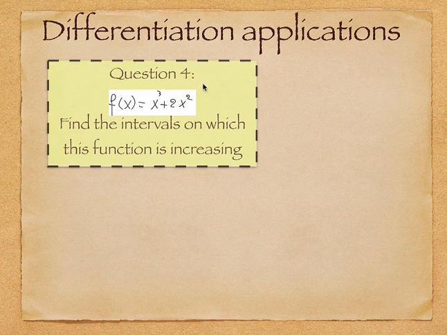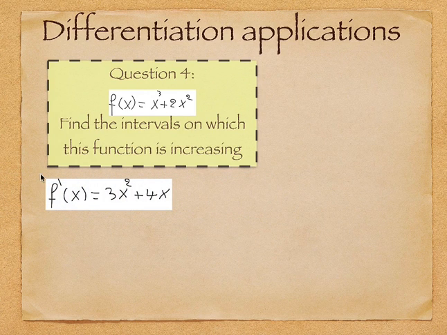Now another question. f of x is a cubic function, as you can see. We were asked to find the intervals on which this function is increasing. Again, we're going to use the derivative. So we calculate the derivative: it's 3x squared plus 2 times 2, which is 4x.